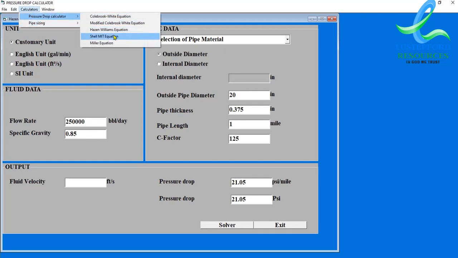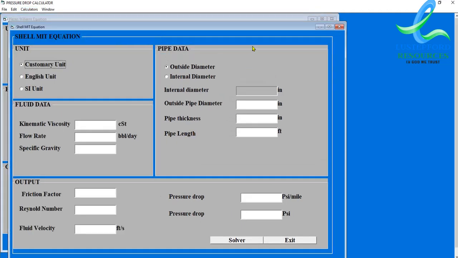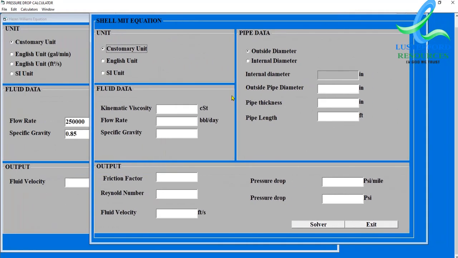So let's look at using Shell MIT. For Shell MIT, this is 5.9. This is 25,000. This is 0.85. And this is 280. This is 0.375.